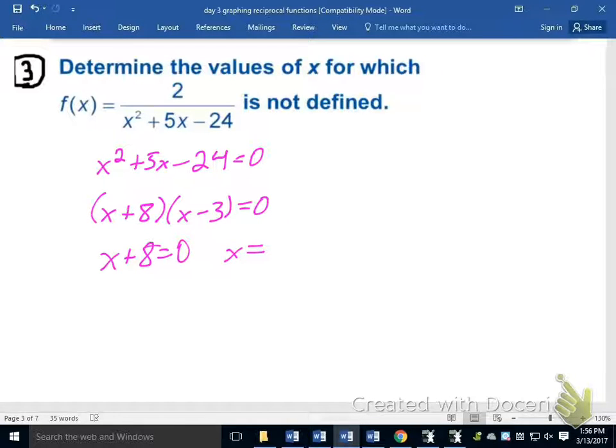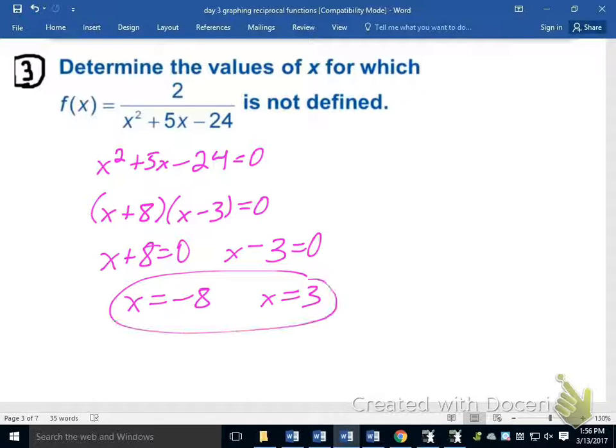So the values that it is not defined for would be negative 8 and 3. These are values that x cannot be. If you put these in, the function is not defined because you get a denominator of 0. Alright, that wraps up that example.